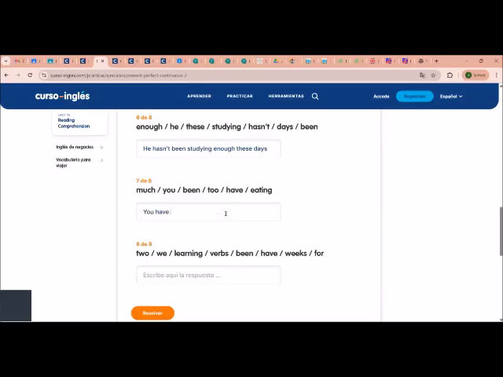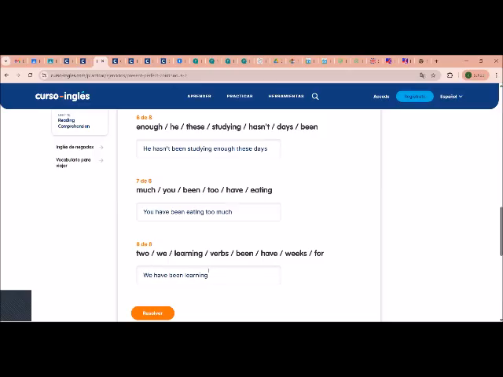Sería la 8. Number 8, correct. We have been... Right, been learning. Remember, been plus your gerund.